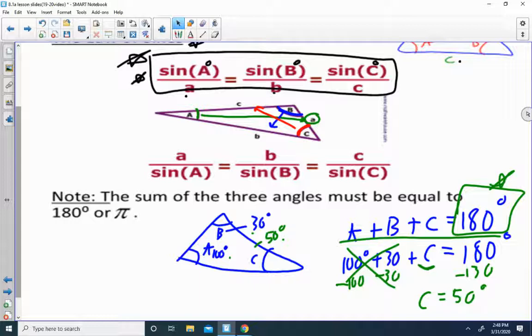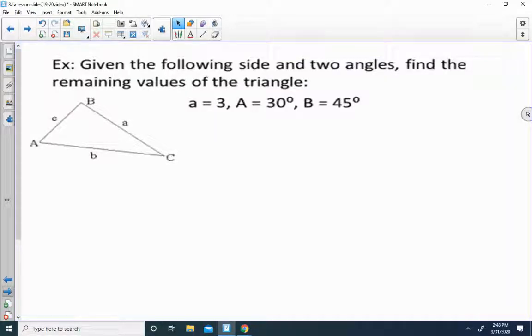So, enough of vocabulary and terminology. Let's go to an actual example. So let's say we're given this triangle, and we're given one side and 2 angles. Given this information, we need to find the remaining 3 values. So let's first just look at what we have.